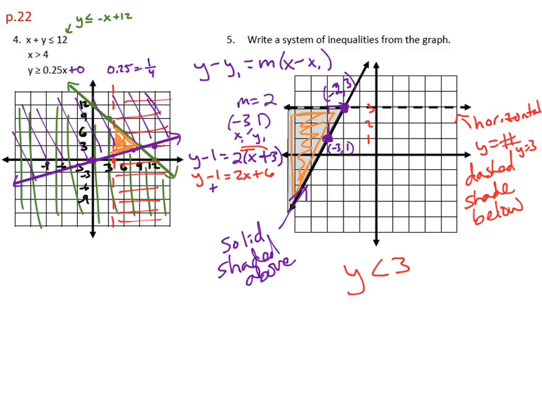Then we're going to add the 1 to both sides. So we have y is equal to 2x plus 7 as our boundary line. But since it was solid and shaded above, we're going to change that to greater than or equal to. So our second inequality in the system is y is greater than or equal to 2x plus 7.